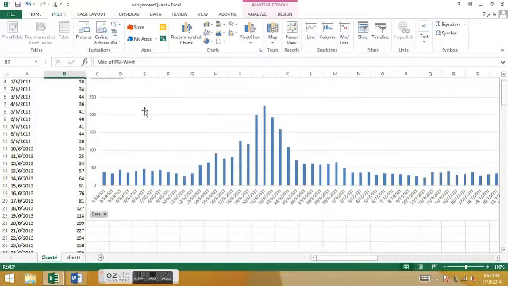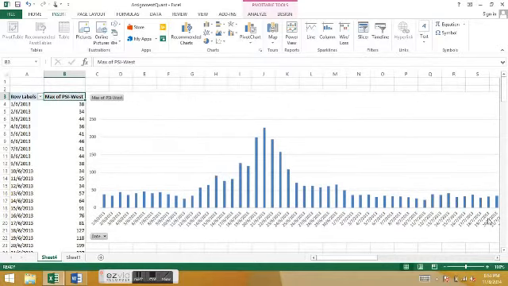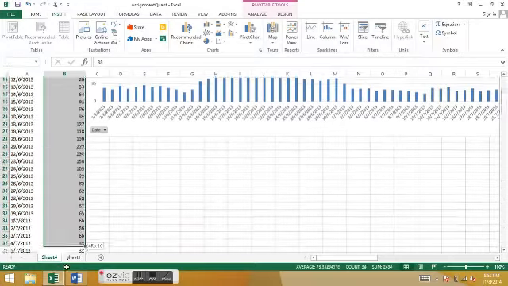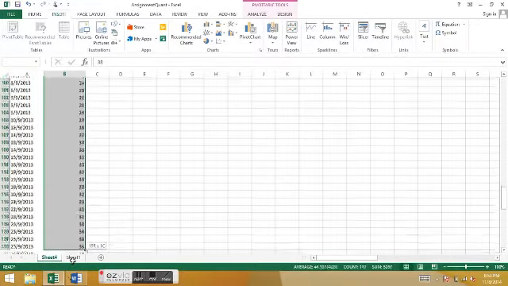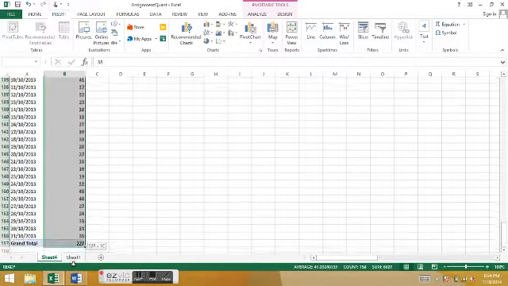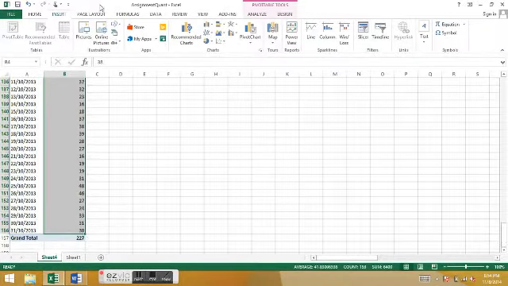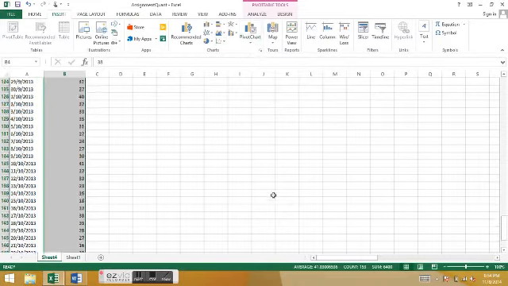So this is the chart that is used for the highest PSI. You just drag all your data and insert the pivot chart to give us the pivot table.